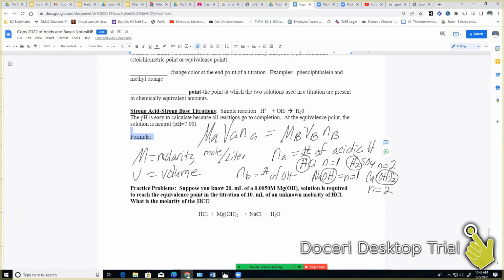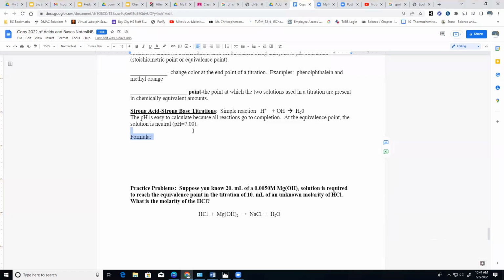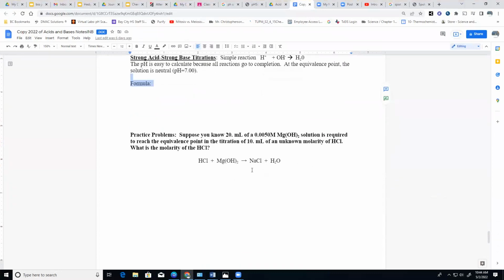So let's look at a couple of reactions. On your practice, it's like it usually is. It starts easier and then gets a little bit harder. I will tell you that you're going to have to be able to write formulas on the quiz, and you're going to have to be able to write a neutralization reaction. And that's on the practice too.